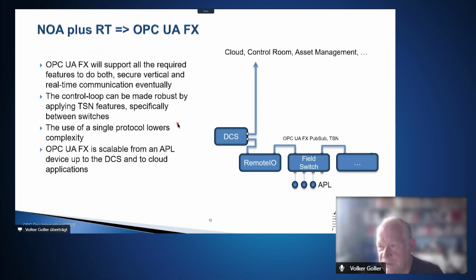We can run OPC UA FX for the real-time aspect, which pops up, probably TSN between the switches and the high bandwidth network to make sure the traffic flows there protected. We have an uplink to the control room, to the cloud, asset management, whatever you want to connect, which can still connect to a client server instance in these devices. And you have one solution, one protocol that serves it all.